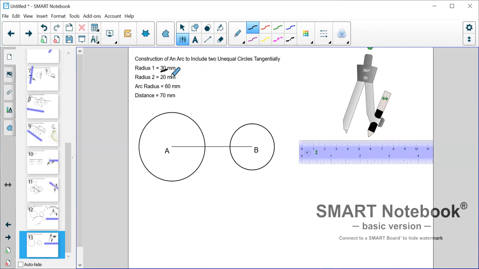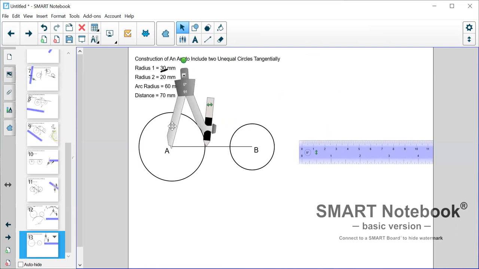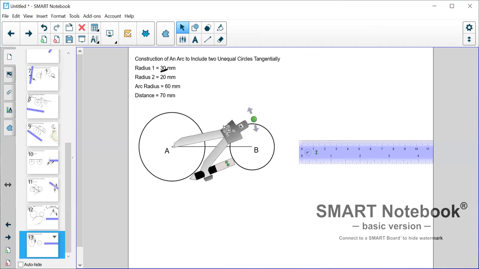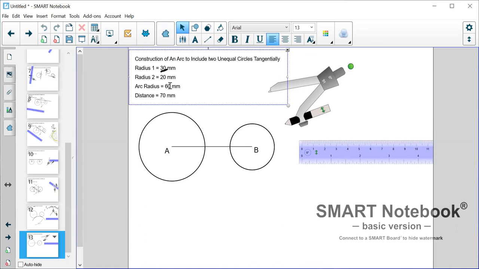So of course, 30 subtracted from 60 will leave you with 30. All right, so you simply use a length of 30 mm and you draw an arc from A. Now what happens? That will give you the same point or the same circle. So what I would have to do there, let me just adjust the arc radius in this case to 80.